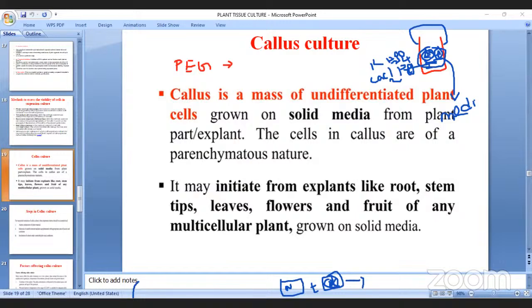There are some plants where the reasons are many, so fertilization does not occur. Because they are sexually incompatible, the barriers are mainly pre-zygotic: first they do not form an embryo, and even if an embryo forms, it is premature. These barriers in sexual hybridization have been overcome by somatic cell fusion, protoplast culture, and somatic hybridization.